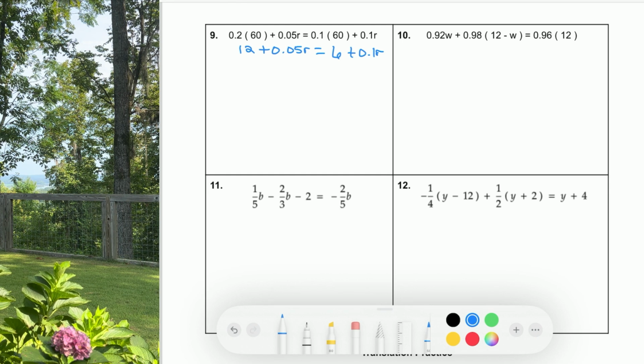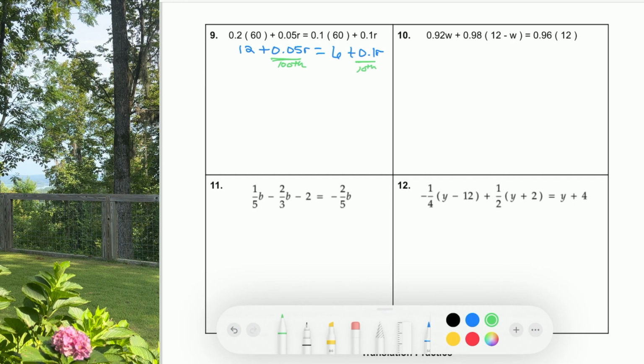Okay, so now let's look at getting rid of our decimals and how we go about that. This is the first time I think we've done one like this. So what I notice is that I have this number here and this number here that's a decimal. I want to count the place values. Okay, so the 0.05, that goes up to the hundredths place. The 0.1 goes up to the tenths place.